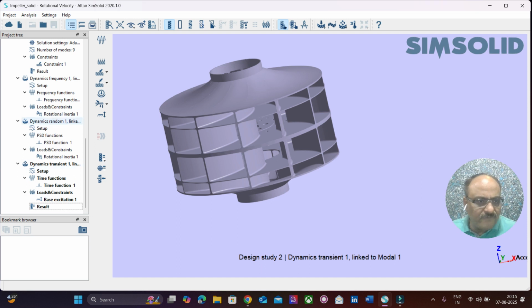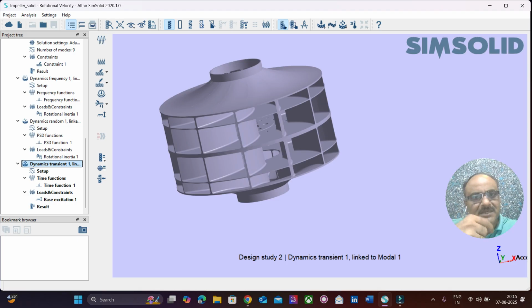We have already performed random responses, and we have found out how the system behaves. So now we are performing a transient dynamic analysis with respect to time.